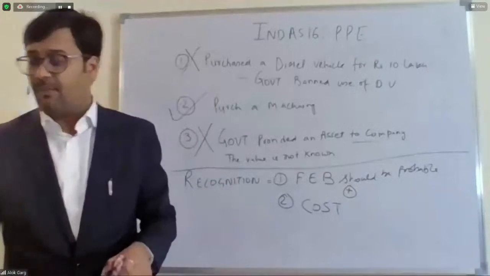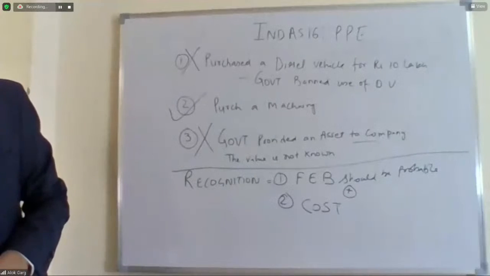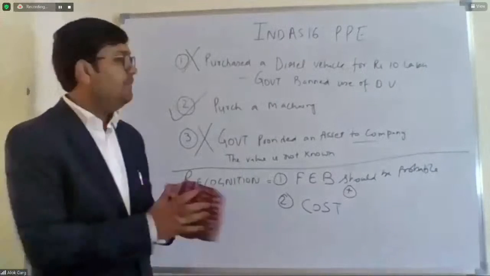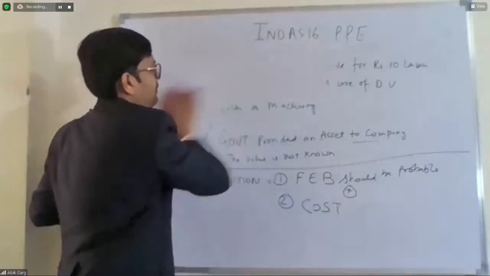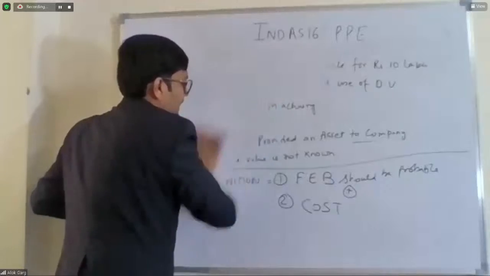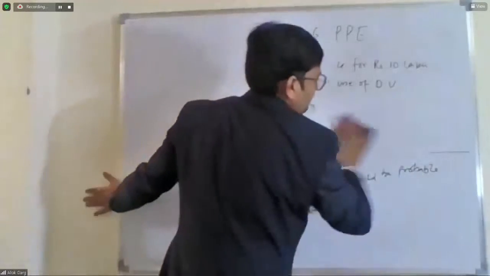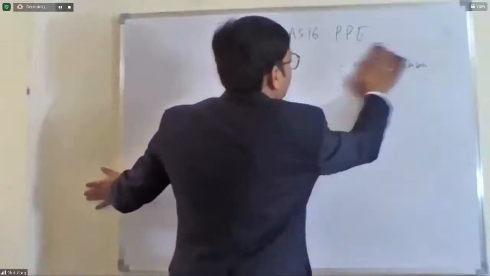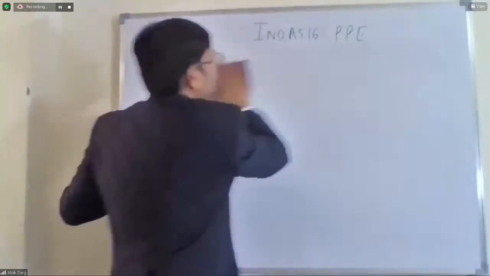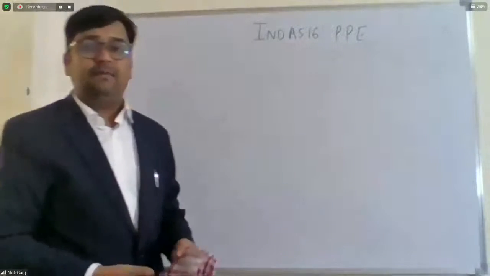Now one more question. Sir, for example, the company has purchased a furniture. The company has purchased a chair. The cost of the chair is 3,000. So if I talk about chair, of course it is a tangible item.